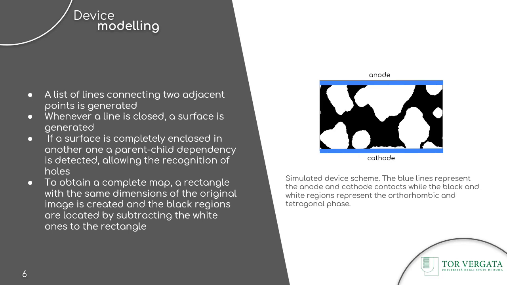So to obtain a complete device, a rectangle with the same dimensions of the original image is created, and the black regions are located by subtracting the white ones from the rectangle. Here is an example of the device where the blue lines are the contacts, cathode and anode, and the black and white regions are the tetragonal and orthorhombic ones, respectively.